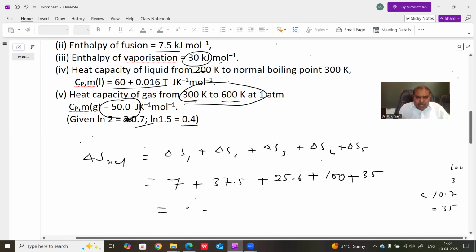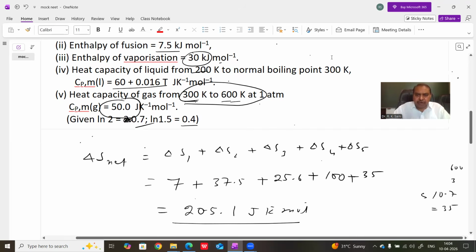Therefore, the overall entropy change is 205.1 joule per Kelvin per mole. This is the answer to this question, and we have also seen some basic concepts about entropy. Thank you.